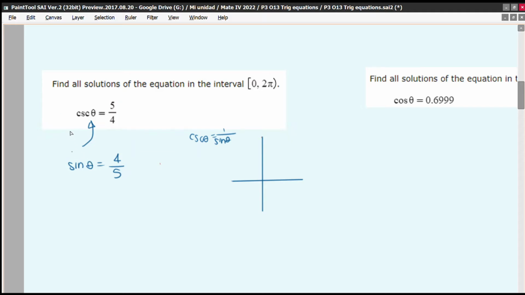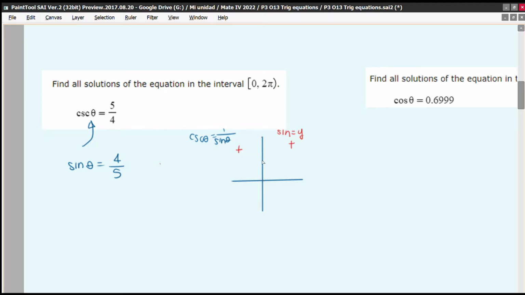So now that we have flipped our function, let's identify where this value lives. So sine of something is 4/5. So what does this mean? This angle theta is giving me a positive value of sine. And where is sine positive? Because sine equals y, sine is positive in the first quadrant and in the second quadrant.